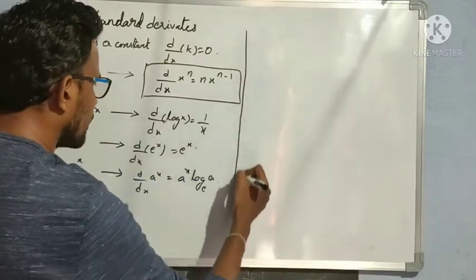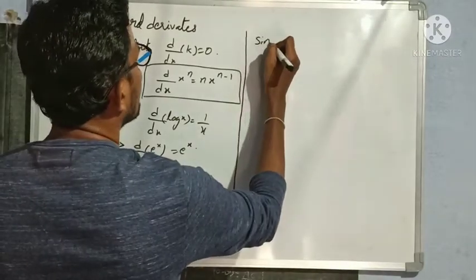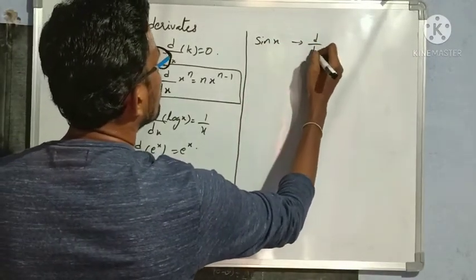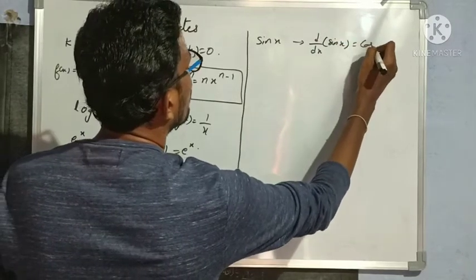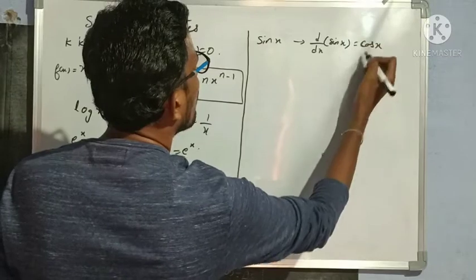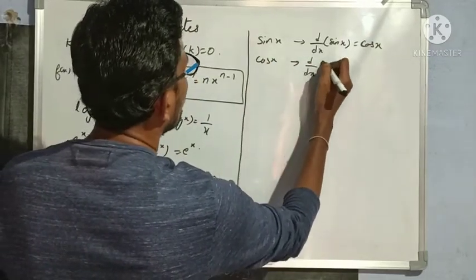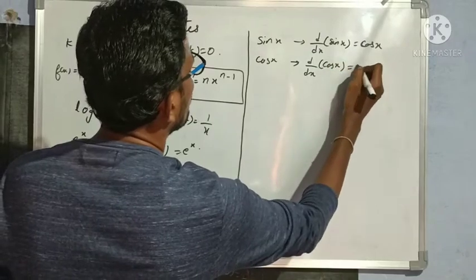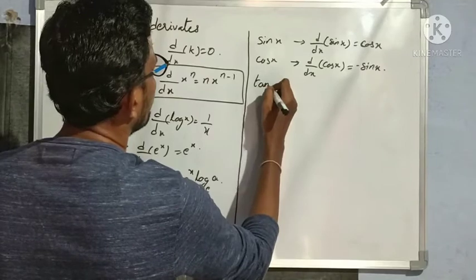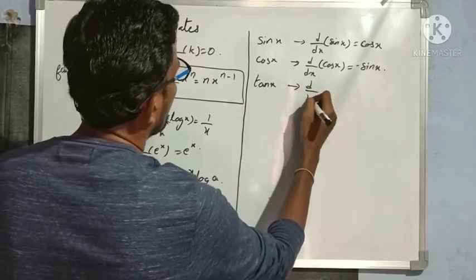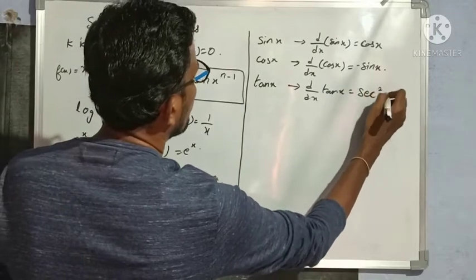Next, trigonometric functions. What are the trigonometric functions we have? Sin x. So d by dx of sin x is equal to cos x, and cos x: d by dx of cos x is equal to minus sin x. So next tan x. D by dx of tan x is equal to secant square x.